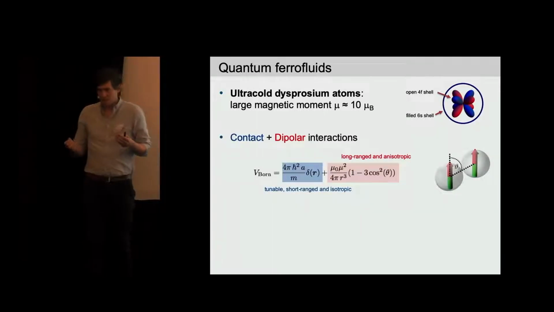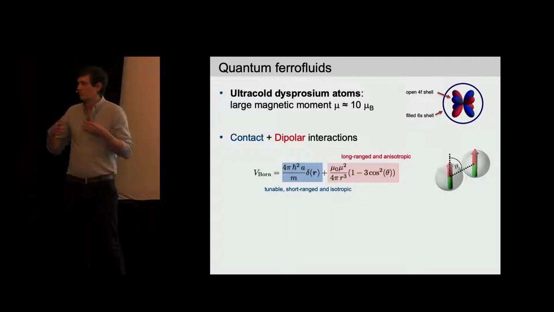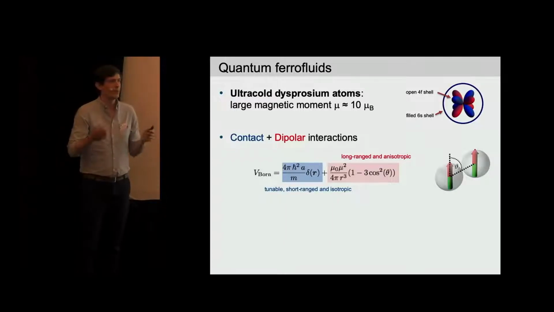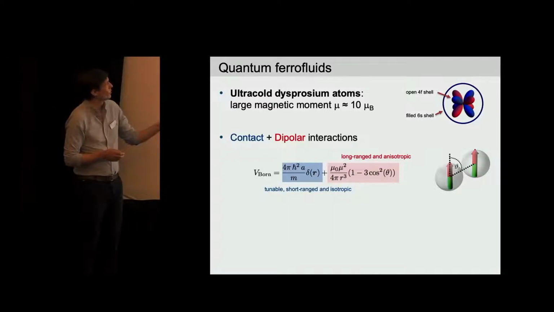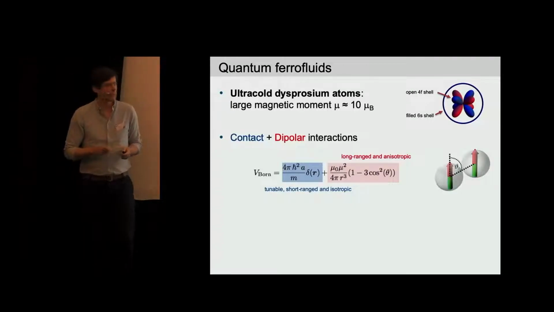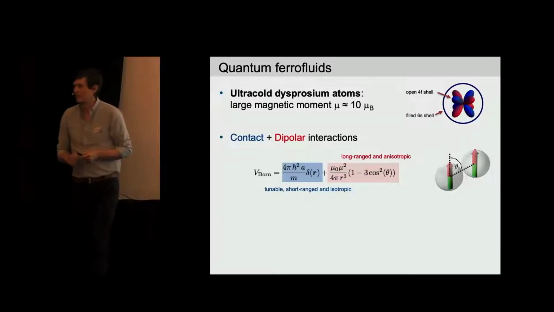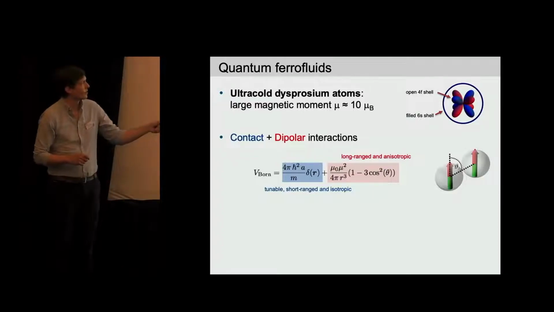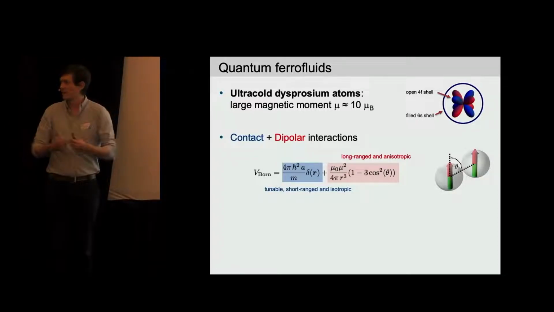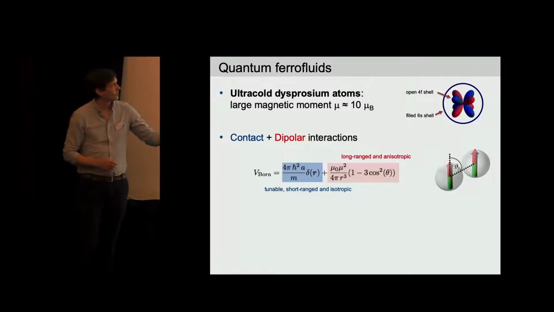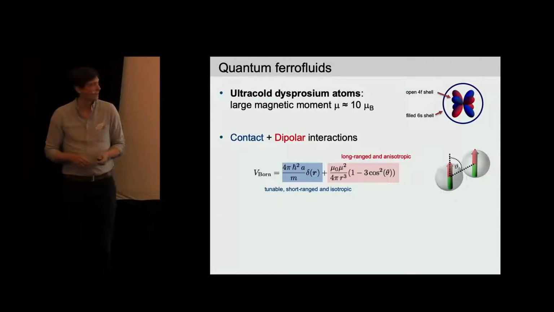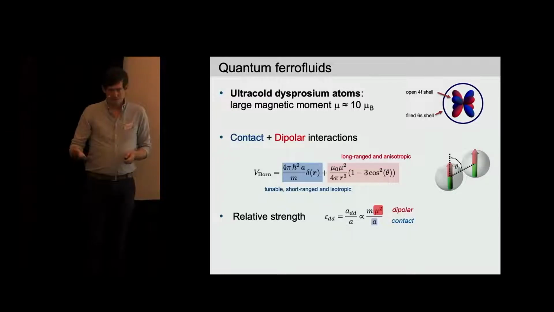Which means, in contrast to your everyday rubidium Bose-Einstein condensate, for example, we do not only have the normal contact interactions that you may have seen before, but our atoms also interact anisotropically over long distances, just like little magnets. So they're not just billiard balls that are colliding at short range, but they also interact like little tiny classical magnets.